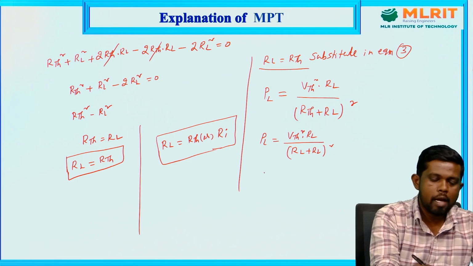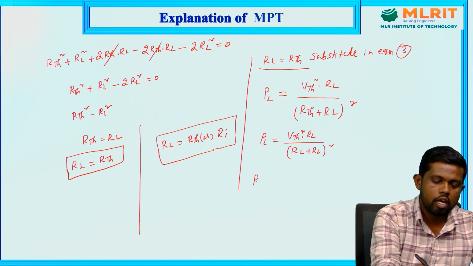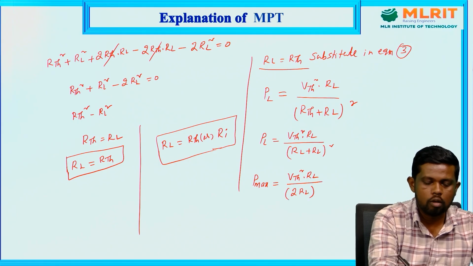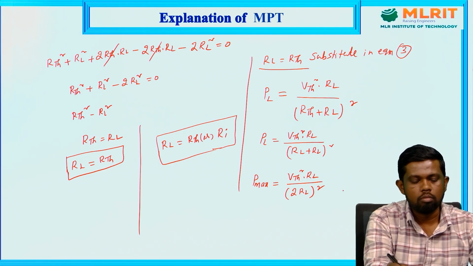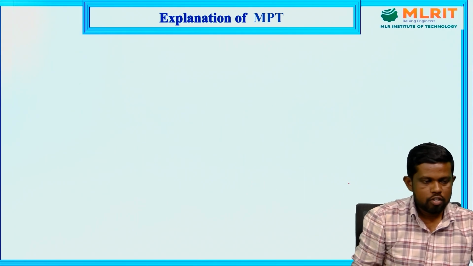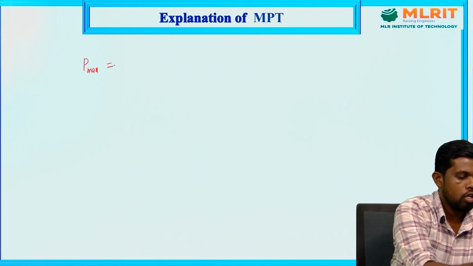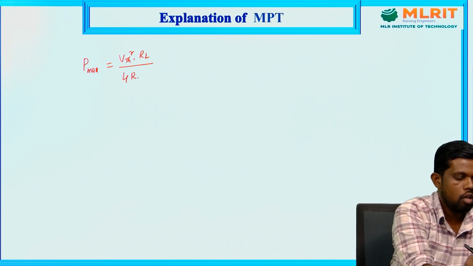So here the maximum power, we will get P max equal to VT square into RL, divided by 2 times RL whole square. This is the final simplified term. After simplification we will get P max equal to VT square into RL, divided by 4 times RL whole square.